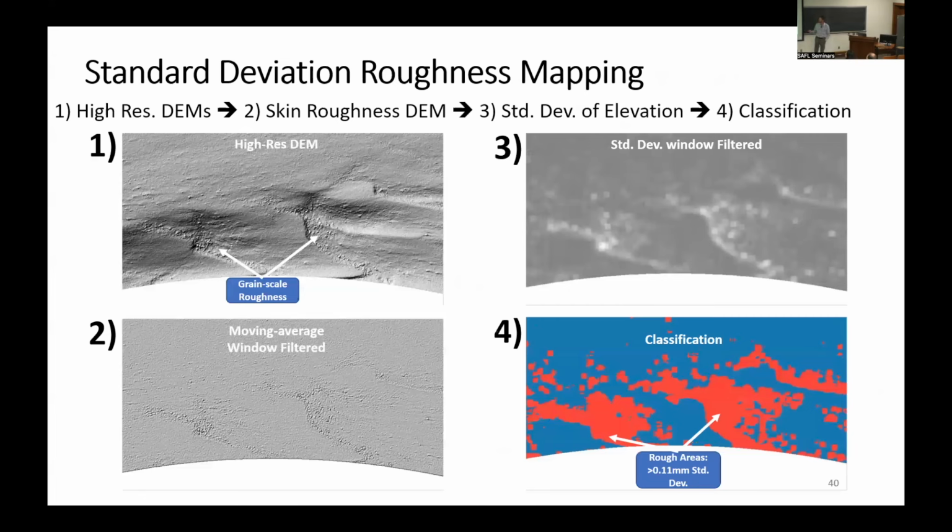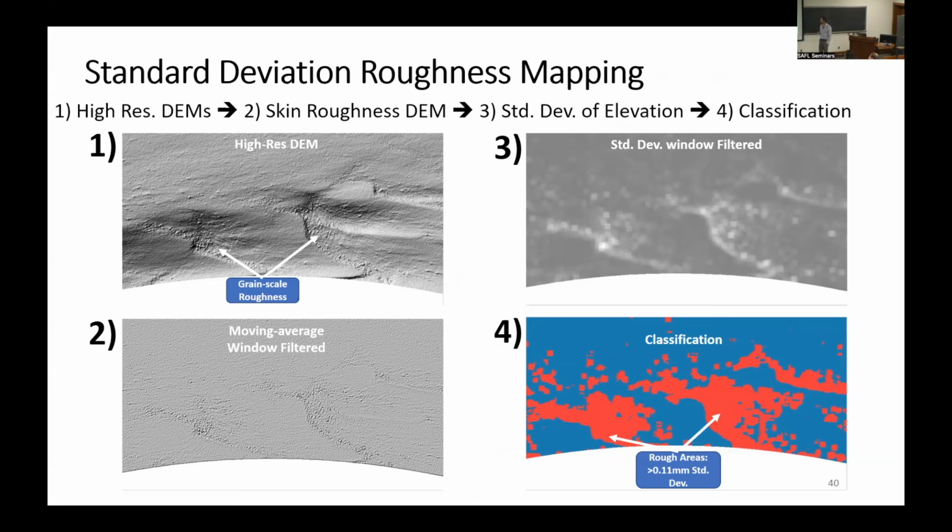This is what Kimberly was asking about. So if we look at the high resolution digital elevation model for a portion of the data set that's showing the dunes and the grain scale roughness, this is what it looks like in a hillshade relief. And we can't make out individual grains in this because it is still too fine, but there are sorting patterns that I think you can see where the coarse particles tended to congregate and the fine particles tended to congregate.